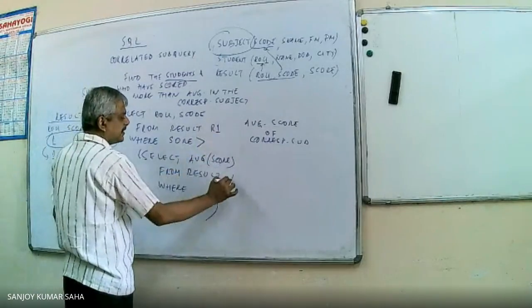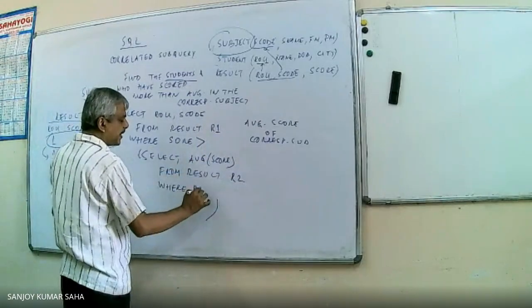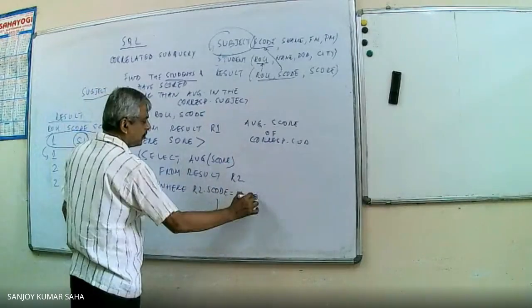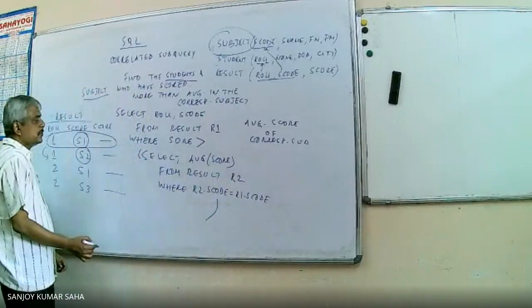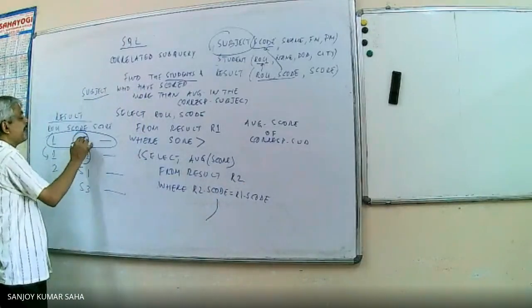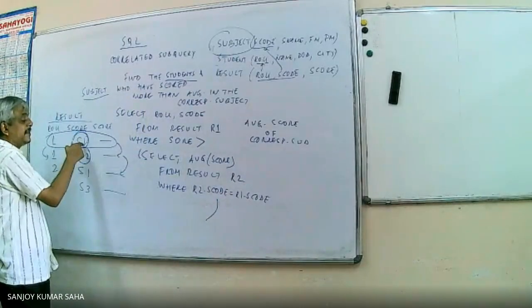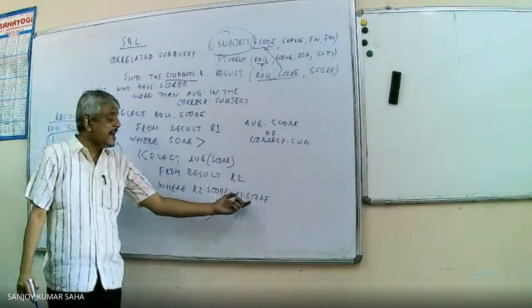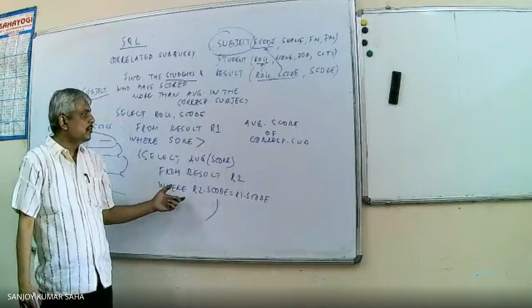Say this is R1, this is R2. So where R2 dot score equals R1 dot score. Whenever we are moving to the next tuple, this R1 dot score is getting changed. So corresponding to that, we have to find out the average score.